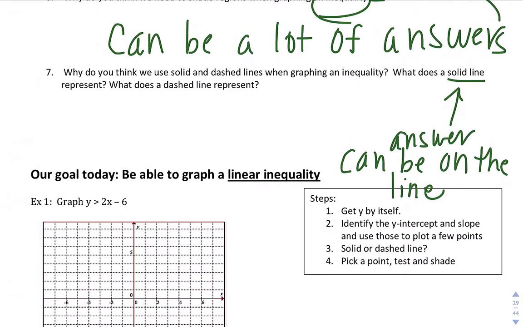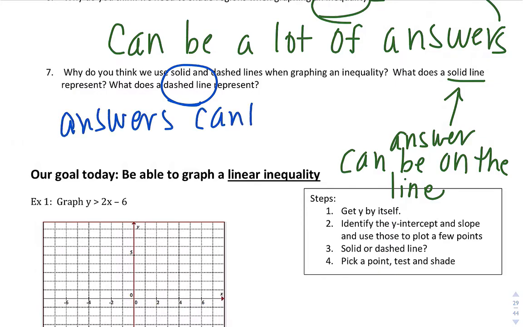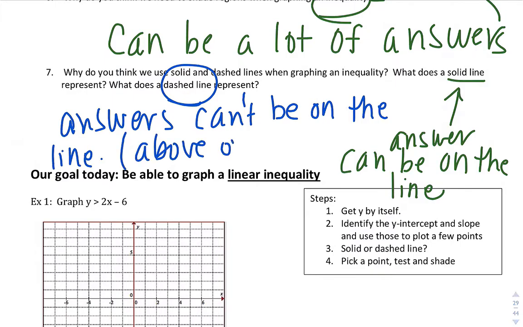If you have a dashed line, which we'll look at, the answers can't be on the line. They can be above the line or below the line, but not on the line.